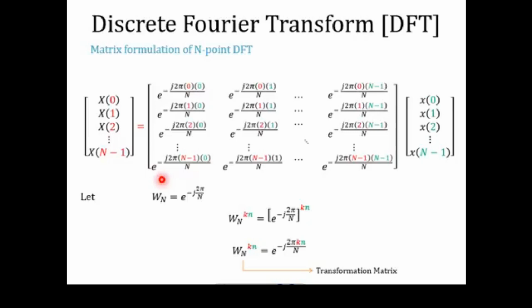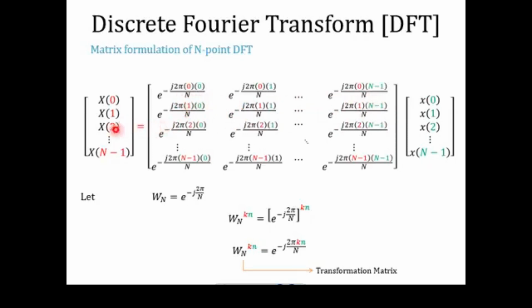We are multiplying these discrete complex exponentials with a time domain sequence in order to check the contribution of these discrete complex exponentials in our x of n. So to calculate the DC coefficient, we are multiplying the first row of this matrix with a time domain sequence. To find the contribution of the fundamental harmonic, we are going to multiply a time domain sequence with the discrete complex exponential whose frequency is 1 cycle over n samples.